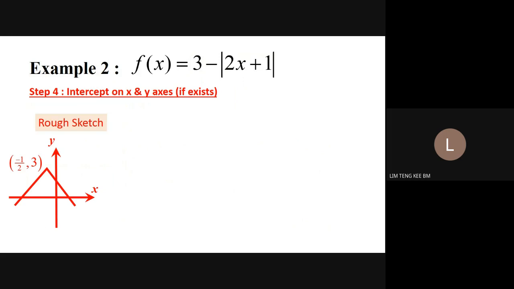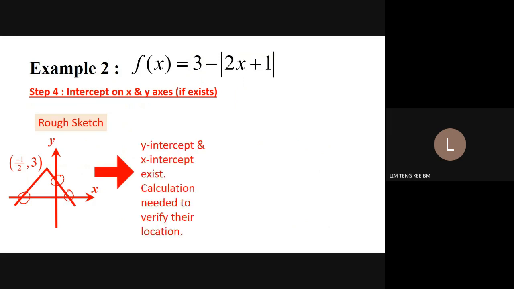It just gives us the idea of whether it is possible to have a y intercept and x intercept. From the rough sketch here, we see that both the x and y intercepts exist. But what are the actual coordinates? We need to go on with calculations to verify their location.